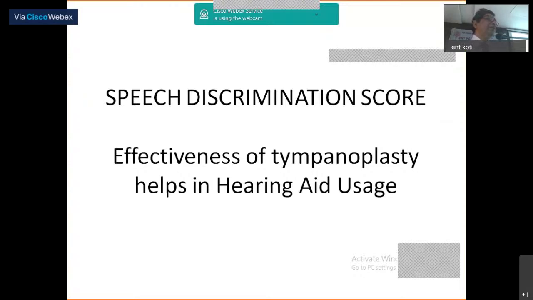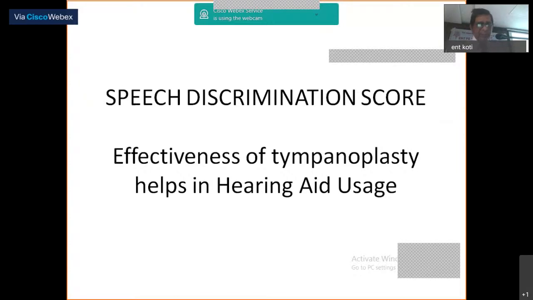If the cochlea is damaged, then despite your good tympanoplasty, the patient may hear sound, but he will not be able to understand. I can hear, but I cannot understand. That is the problem. So your results of ear surgery can be predicted if you do a speech discrimination score before surgery.